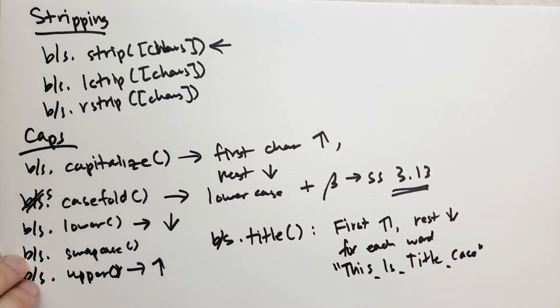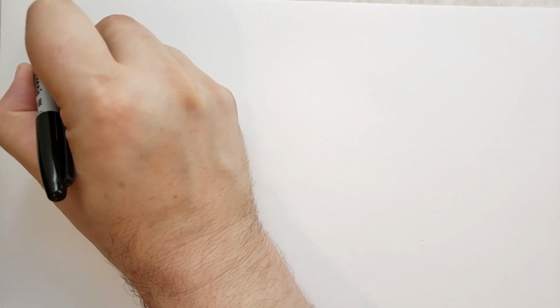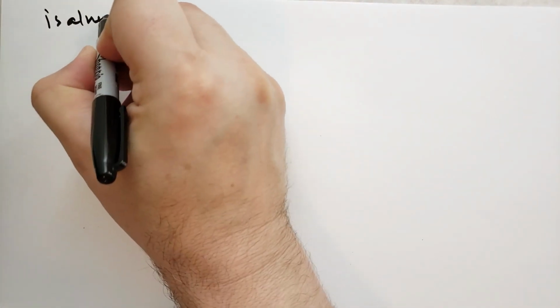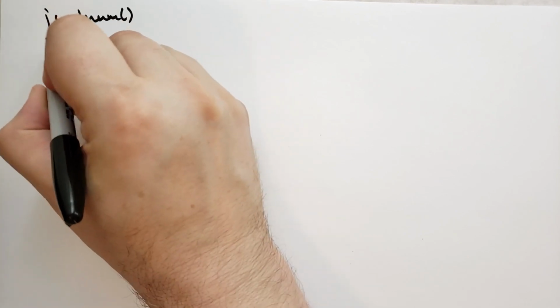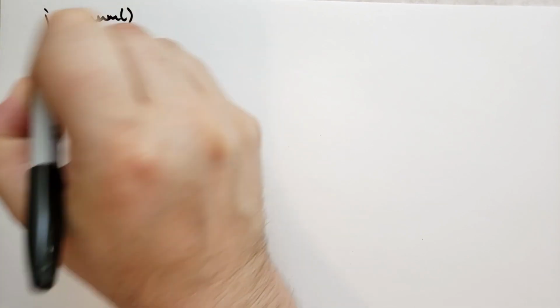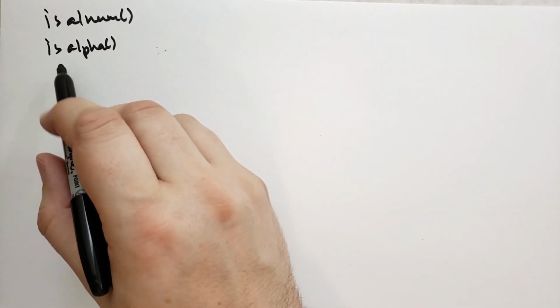Okay. There are a bunch of methods for testing whether the characters in the string or bytes are a particular class. I'll just list them out here really quick. We have isalnum. This tests to see if it's an alphabet letter or a numeral digit of any kind. There's isalpha, which tests to see if it is a letter. Unicode defines what a letter is. It's pretty obvious what it is in the ASCII character set.